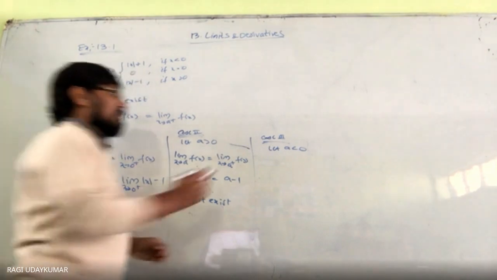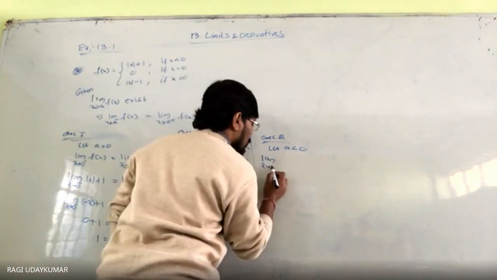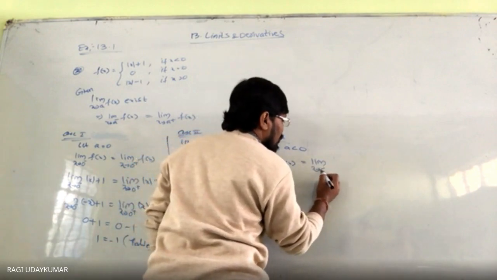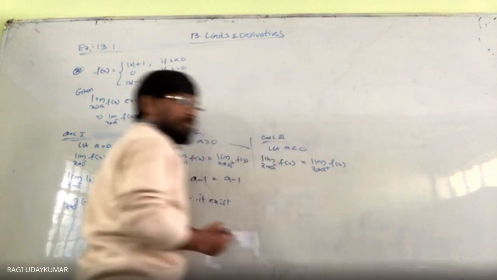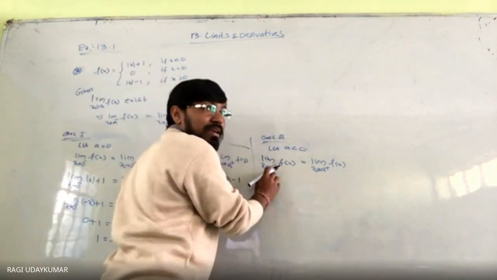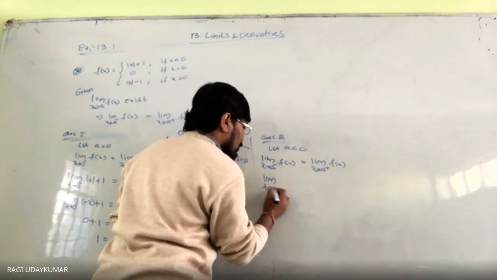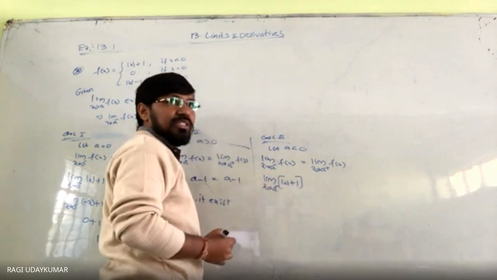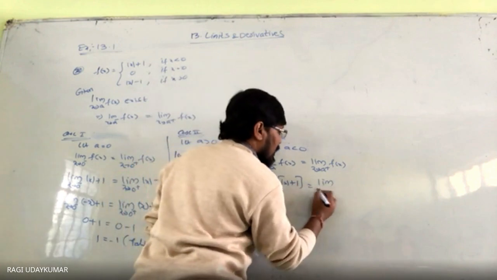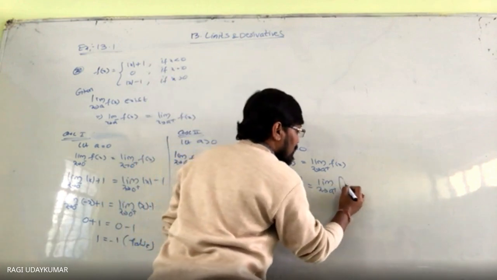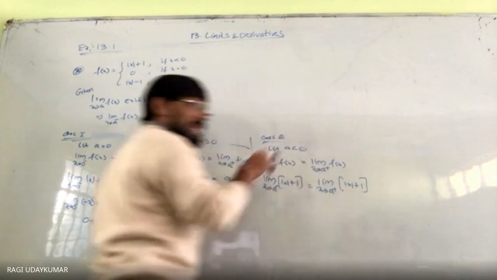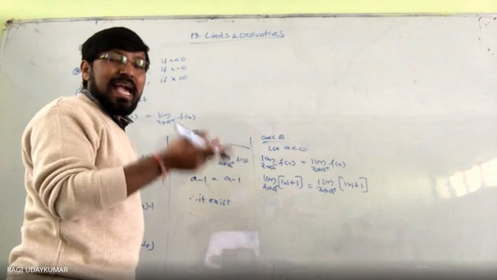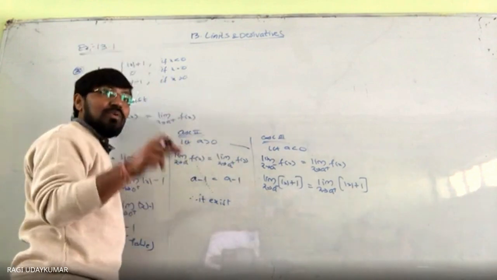See here, limit x tends to a minus of f of x equals limit x tends to a plus of f of x. This is a negative number. Limit x tends to a minus of mod x plus 1 equals limit x tends to a plus of mod x plus 1. As a is negative, mod x will become minus x.